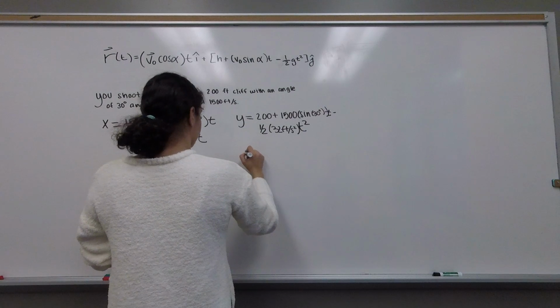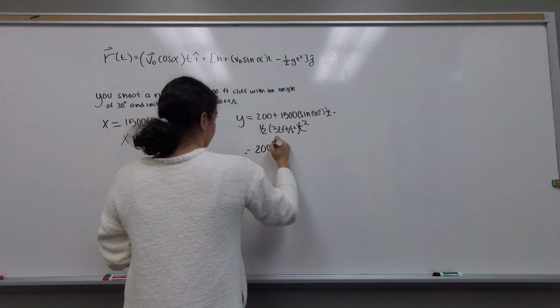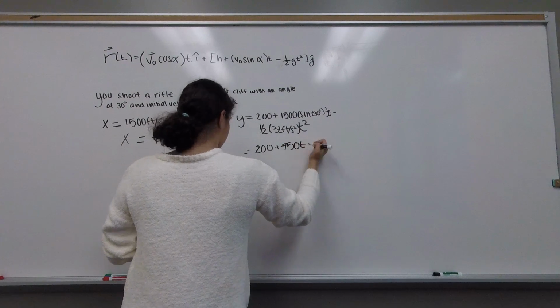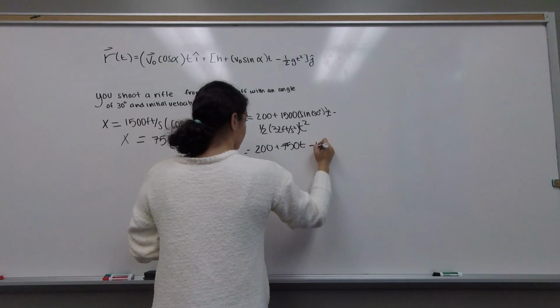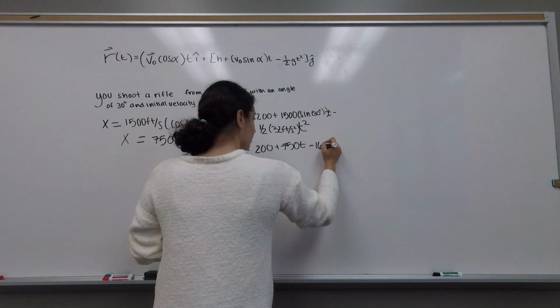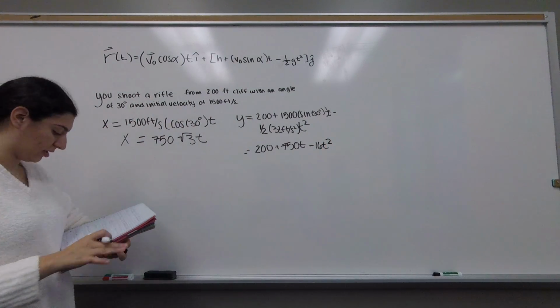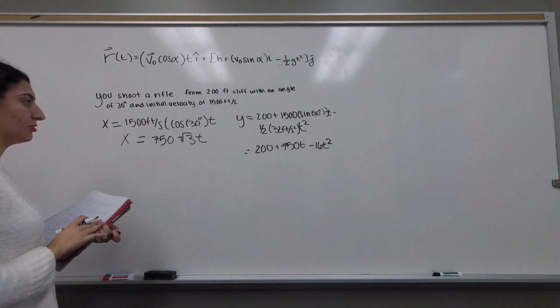This will give us 200 plus 750t minus 16t squared.